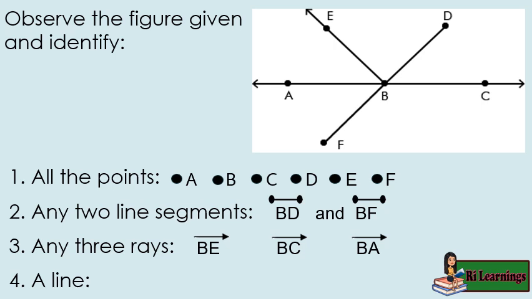The 2 points B, C form a ray BC. The 2 points B, A form a ray BA. A line AC is extended indefinitely on both ends, which are represented by arrows at both ends, hence we get a line.